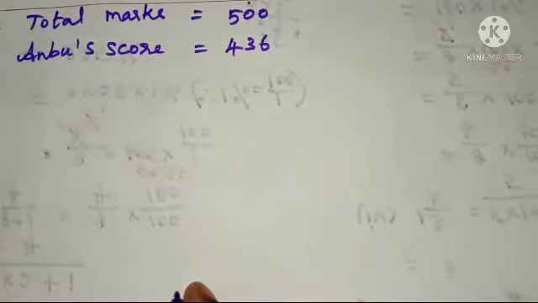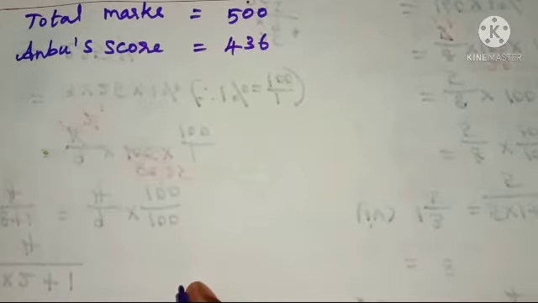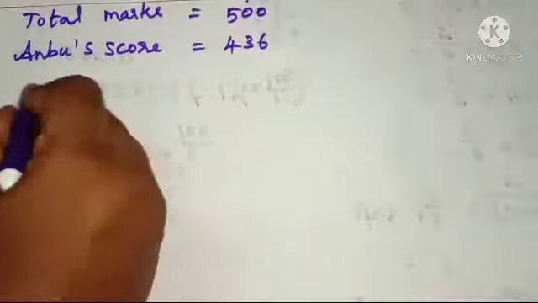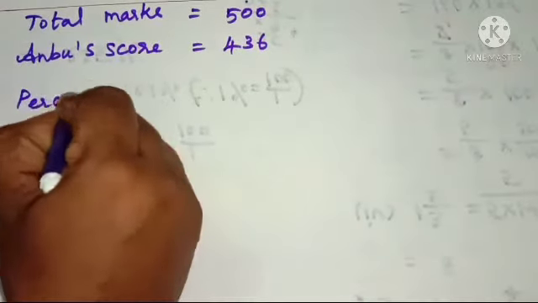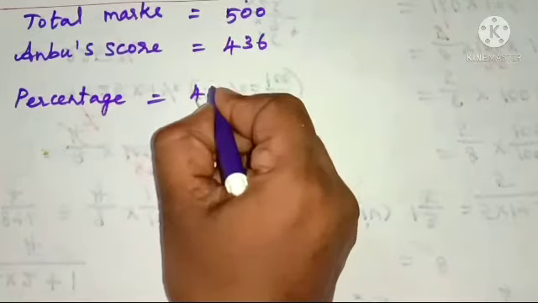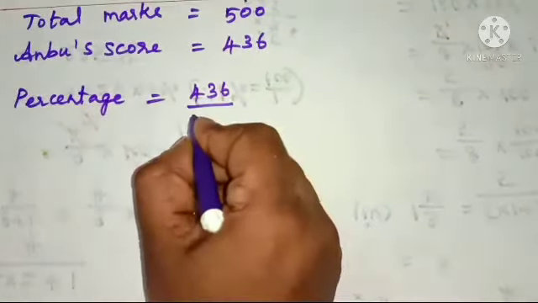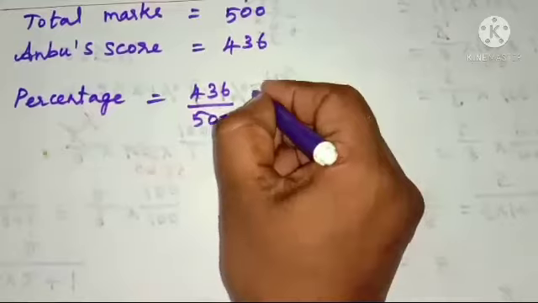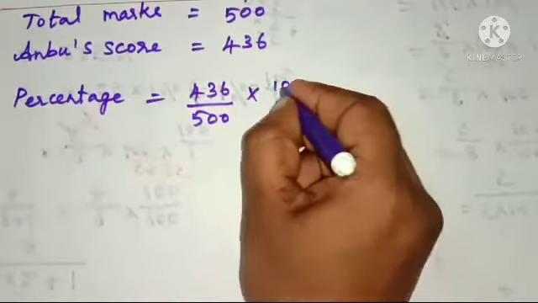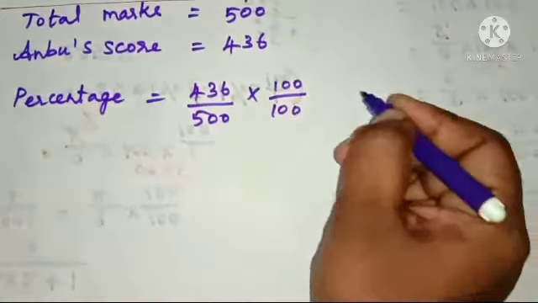Now we have to find the percentage of Anbu's score. So for that, percentage is equal to, first write down the fraction 436 out of 500, and to convert the fraction into percentage, multiply and divide by 100.